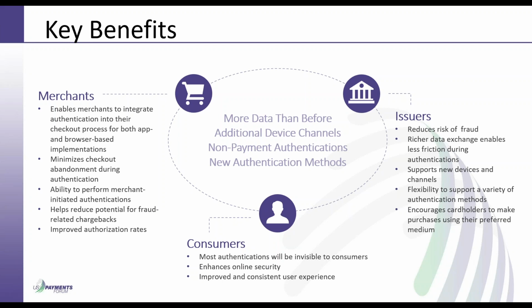And again, this is really a function of 2 things. So more data to promote frictionless authentication, but also visual consistency and simplicity when cardholder challenges are required. This also allows merchants to initiate authentication and extends 3DS to scenarios that the old 3DS couldn't accommodate.